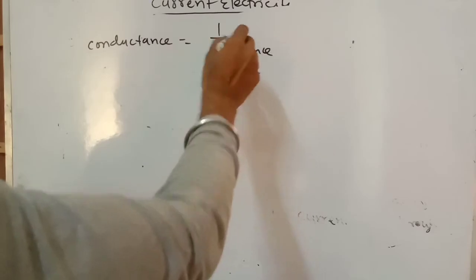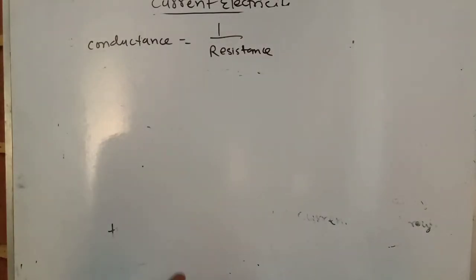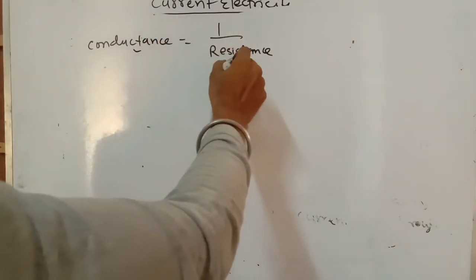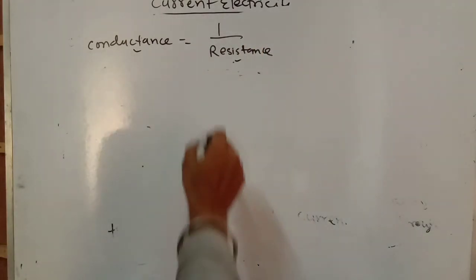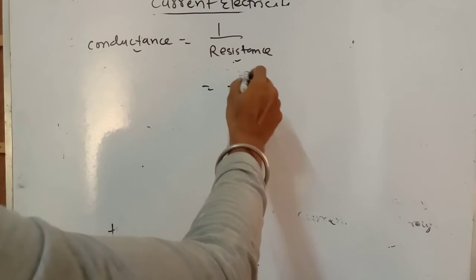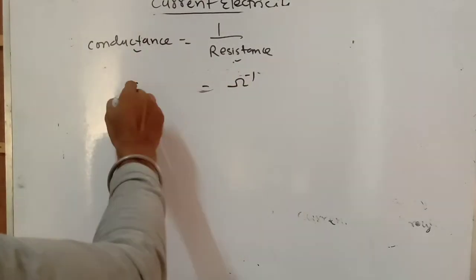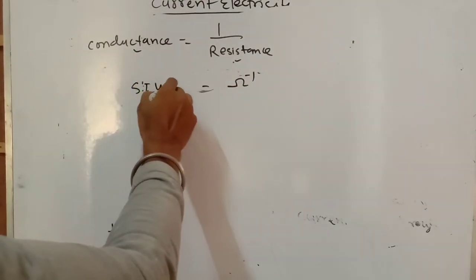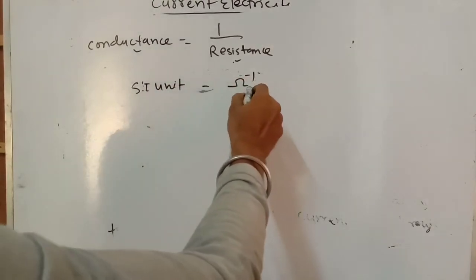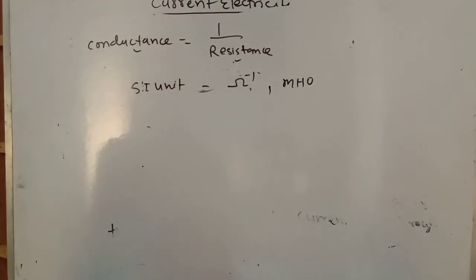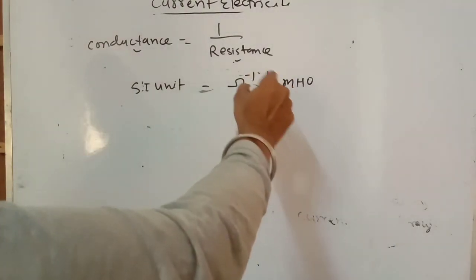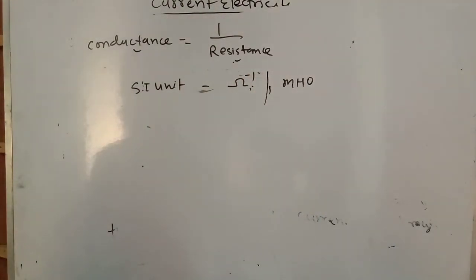We already know the unit of resistance is ohm, so the SI unit of conductance is ohm inverse, or you can also write mho.